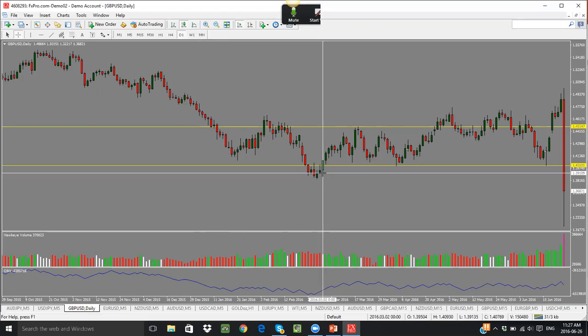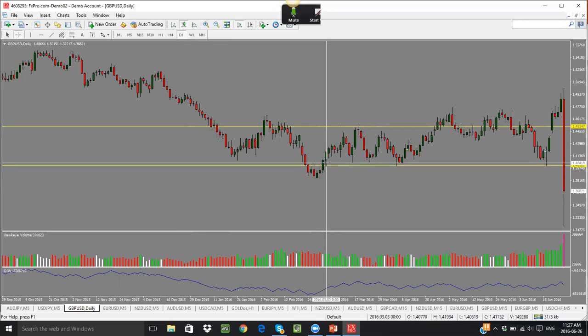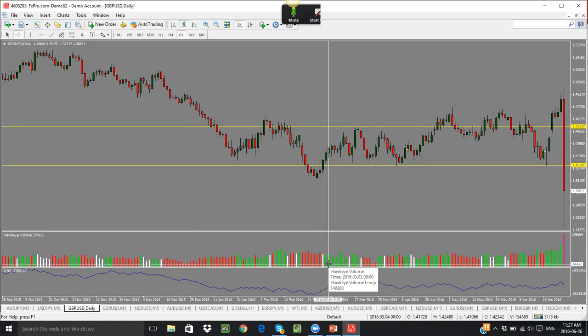If there's neutral volume, it could just be a pullback. But once you see green volume and the price goes up, everything coincides and the price will go up. So we're looking for coincidence between price and volume.